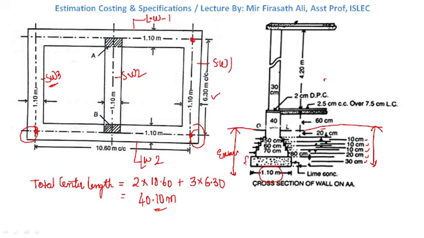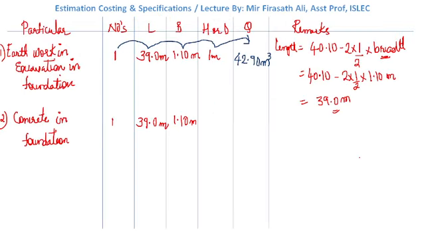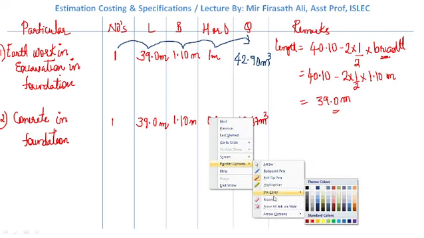For concreting, how much do we require? Look at over here. Only 30 centimeter depth is necessary for us. Only for concrete we will take the depth as 30 centimeter, which is nothing but 0.3 meters. If we multiply all these, 1 into 39.0 into 1.10 into 0.3, we will get the value as 12.87 meter cube. How do we get this 12.87 meter cube?